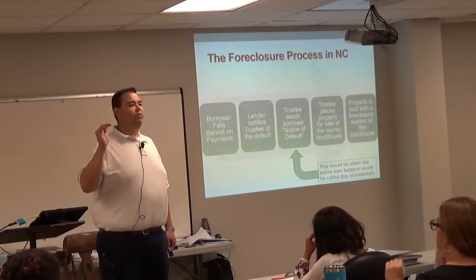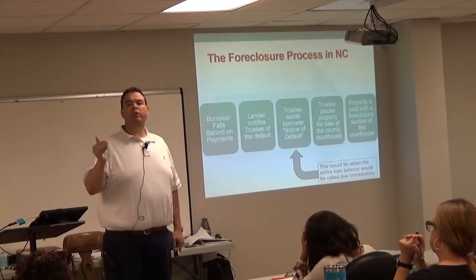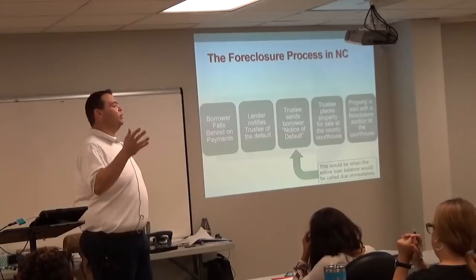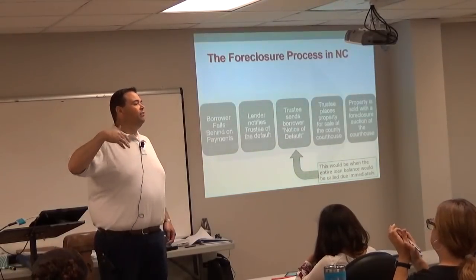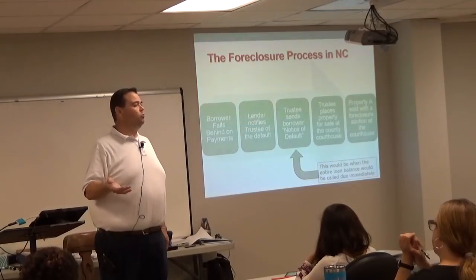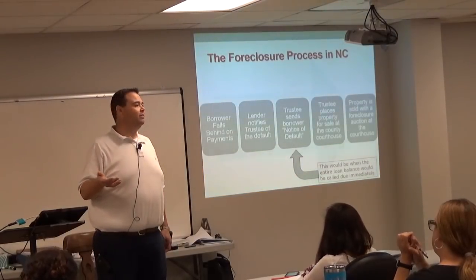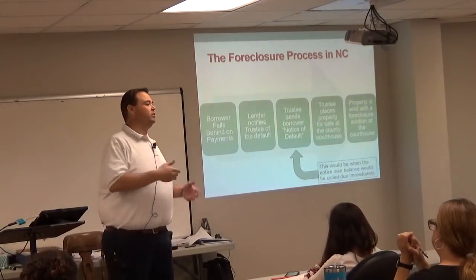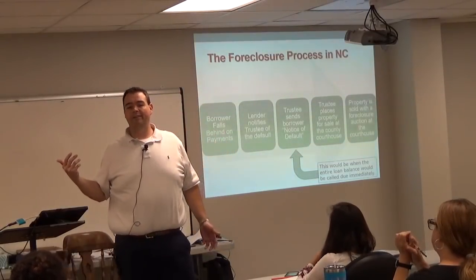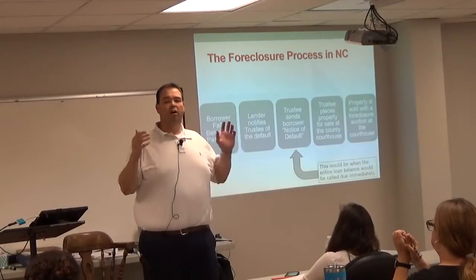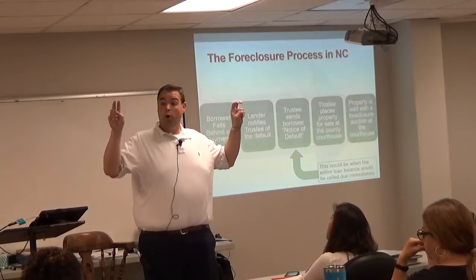Remember, they have no potential loss by bidding what they're owed at the foreclosure auction. In other words, if they're owed $100,000, what's their first bid going to be on the property? $100,000, because if they write a check for $100,000 to the Wake County Courthouse, what are they going to get back the next day? A $100,000 check. So it costs them nothing to essentially purchase the property.